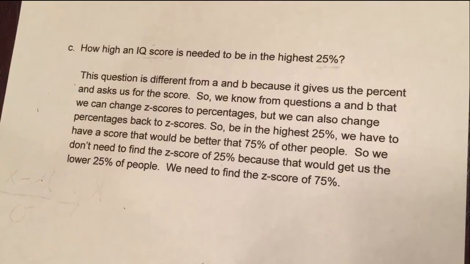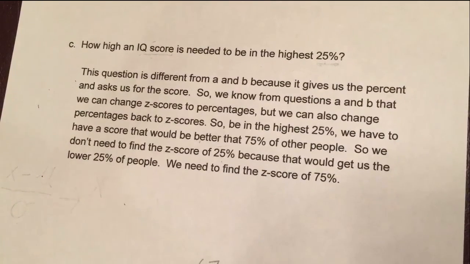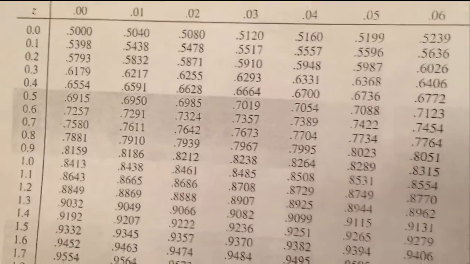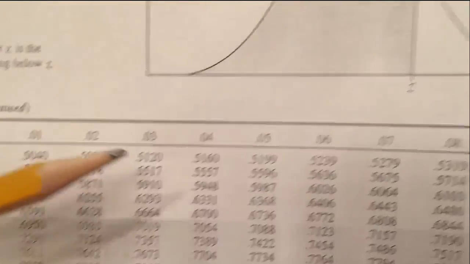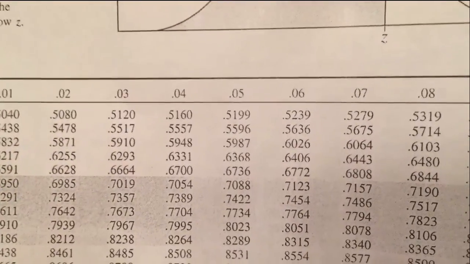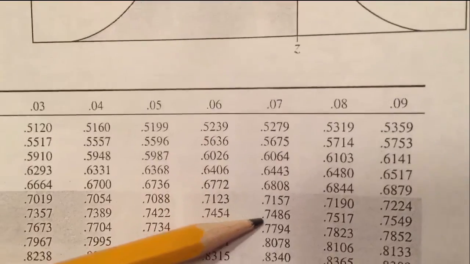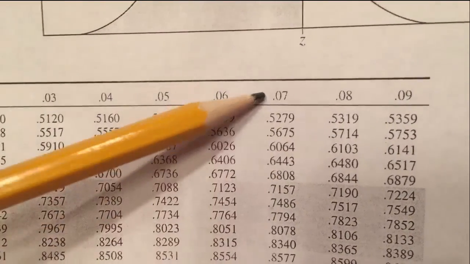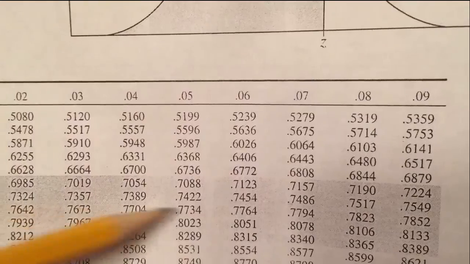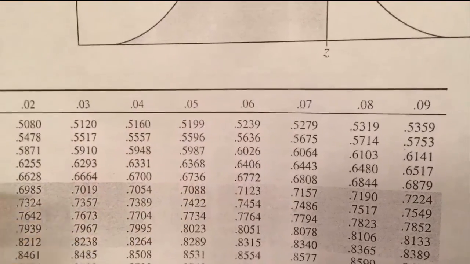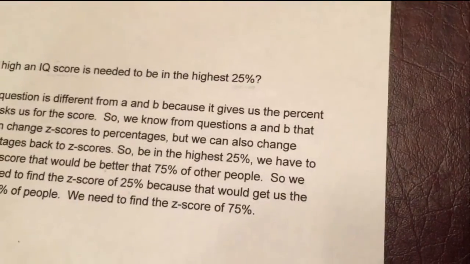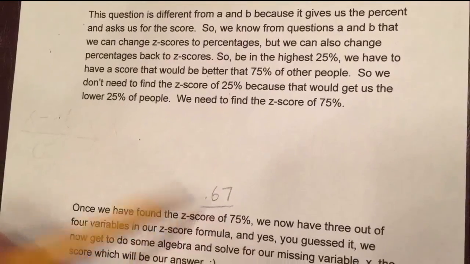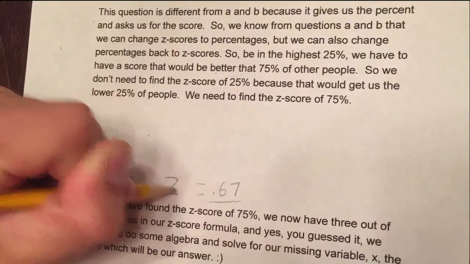So when we do this, we go to our handy dandy z-score chart, and we look at not the traditional z-score values, but actually the percents, and we find the closest value to 75%, which would be our 0.07 and our 6, so in essence 0.67 right there. And then that will be our z-score, our 0.67.